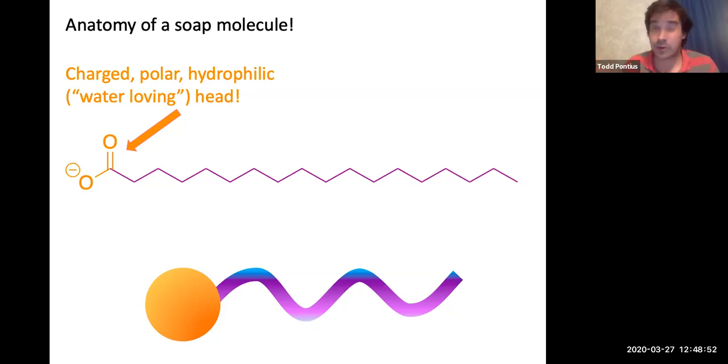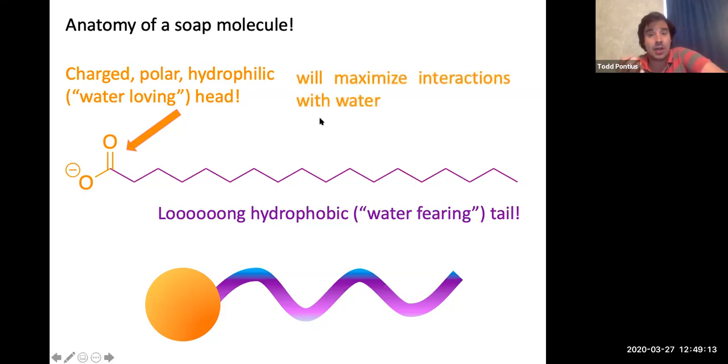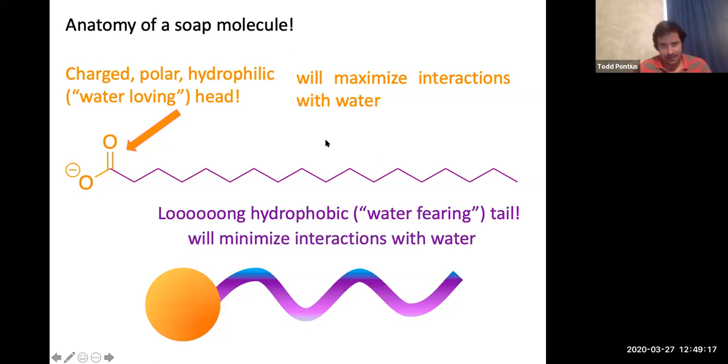But do long hydrocarbon chains like interacting with water? Nay, they do not. So we basically have this almost oxymoron of a molecule. We have one side that really likes interacting with water. We have one side that really doesn't like interacting with water. So we have the hydrophilic end, which will maximize interactions with water. And then these long hydrophobic tails will try to minimize their interactions with water.